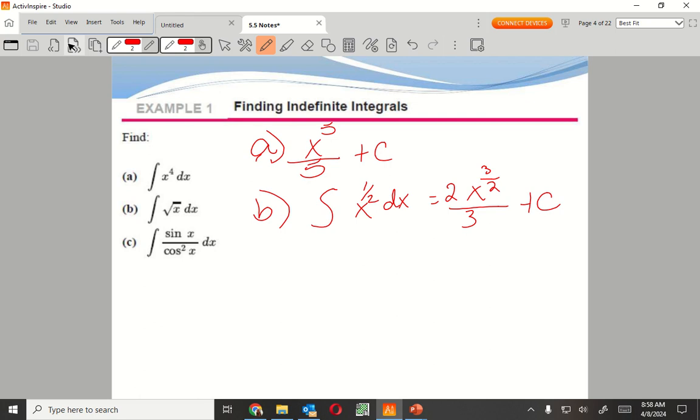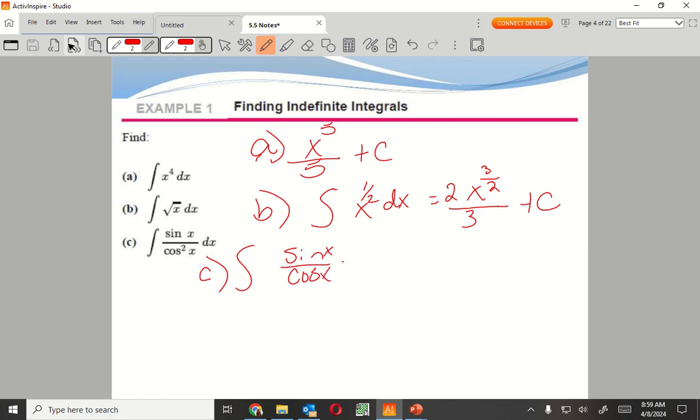All right, and C, I'm going to do some cleaning up first. On C, it's the integral of, if I rewrite that, sine over cosine squared could be rewritten as sine over cosine, right?